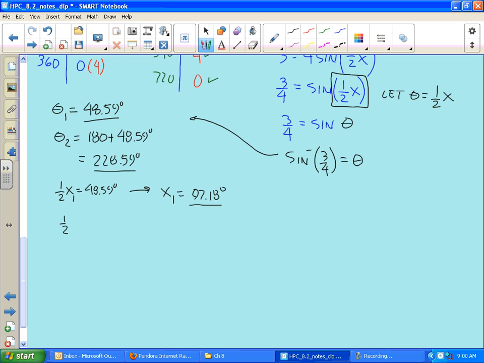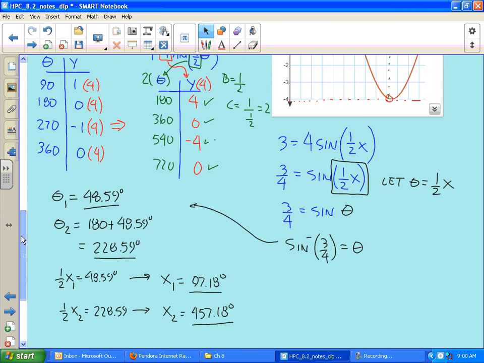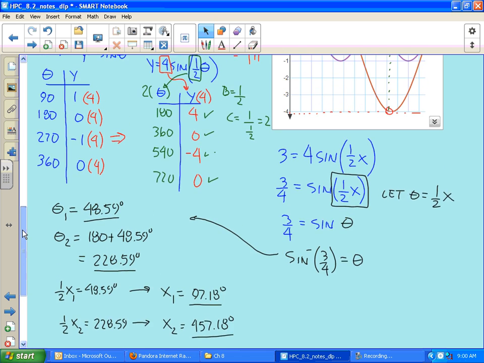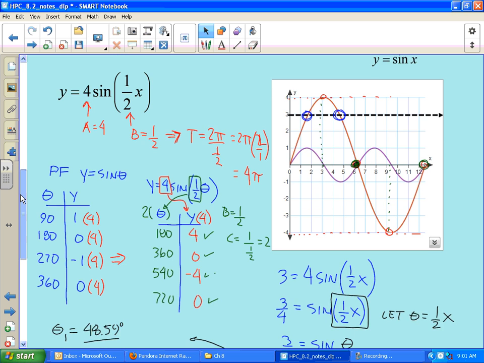And then we have 1/2 of theta 2, or x2, is equal to 228.59, and that produces a value of 457.18. So because we stretched out our period, these answers are going to actually stretch out as well. I didn't ask us to actually find these values, but that's what we would be looking for.